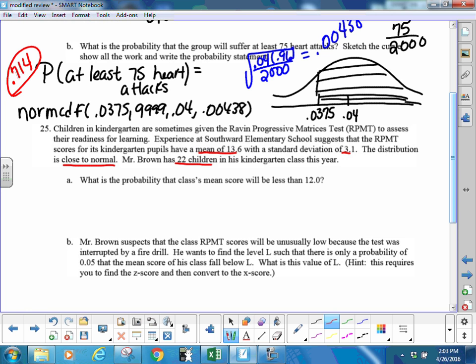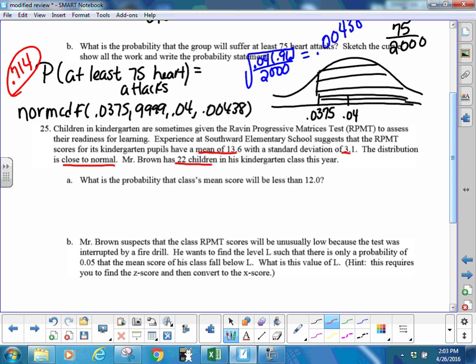So what is the probability that the class's mean score will be less than 12? At some point we're going to need the standard deviation here. The standard deviation of what? Is it a kindergarten student, or what is it? What are we wanting the mean of?